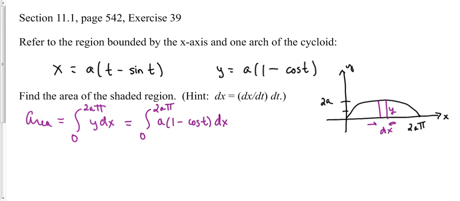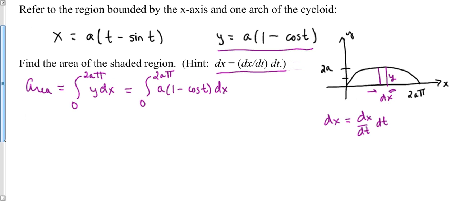My variable and my d whatever have to be the same. One option would be to try to solve this in terms of x, but I think that's going to get sticky. The better thing to do might be to use the hint, which says that dx is equal to dx/dt times dt. That would let us convert our dx into a dt.